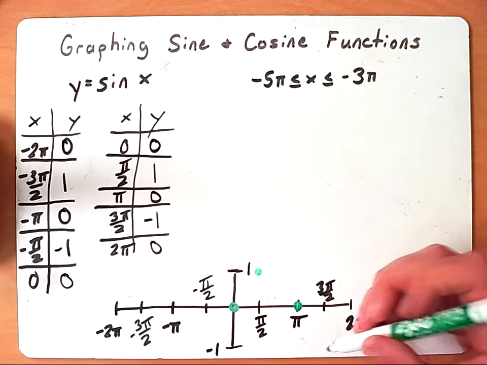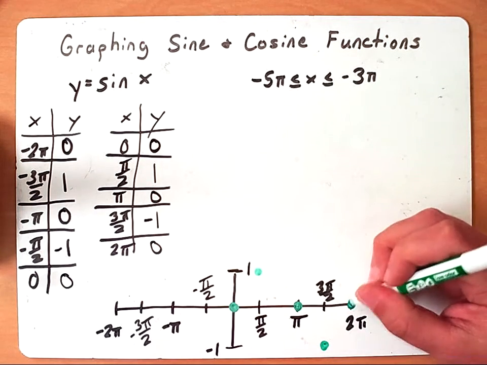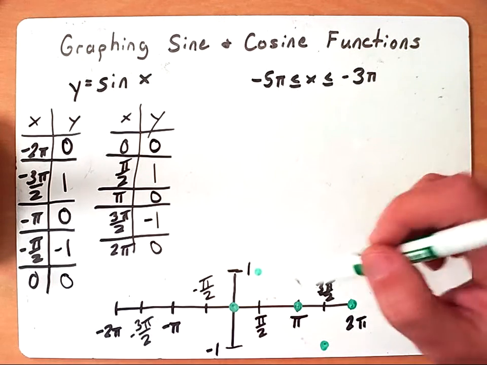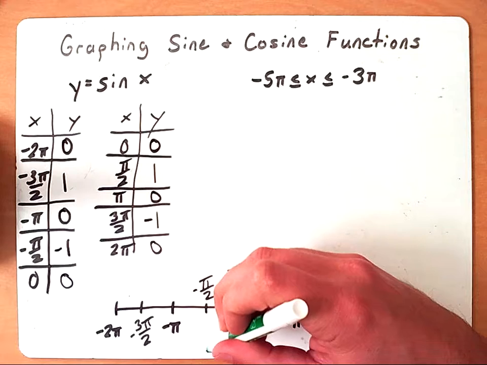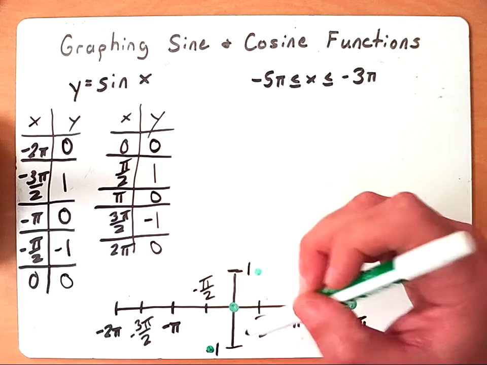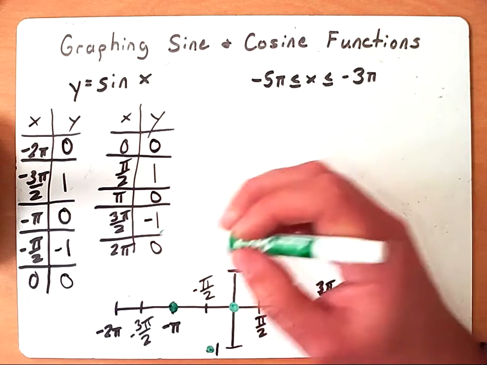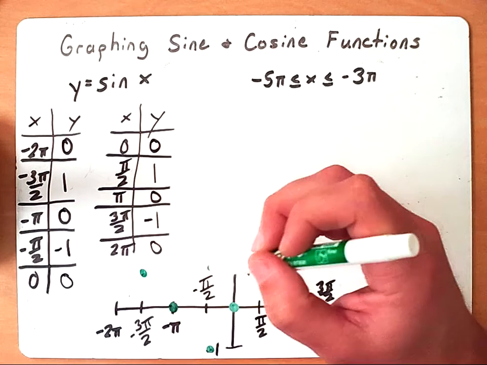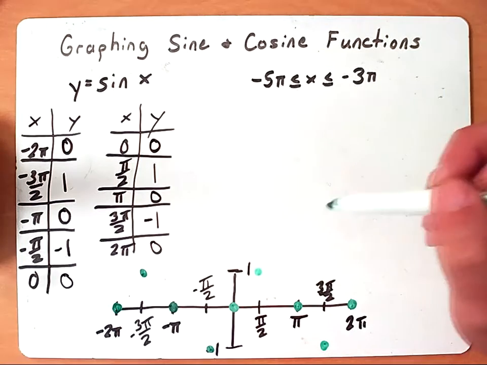At 3 pi over 2 we're down at negative 1. And then at 2 pi we're back at 0. So now we want to graph our negative side. At negative pi over 2, I'm down at negative 1. At negative pi, I'll be back up at 0. At negative 3 pi over 2, I'll be at positive 1. And at negative 2 pi, I'll be back at my x-axis.